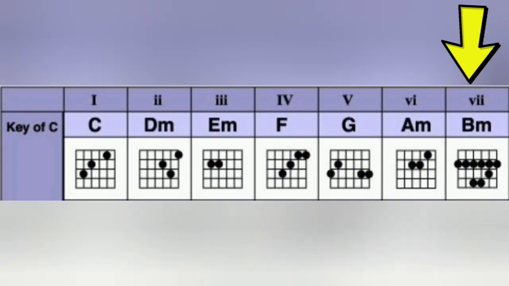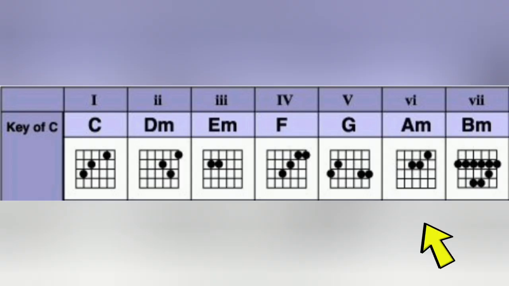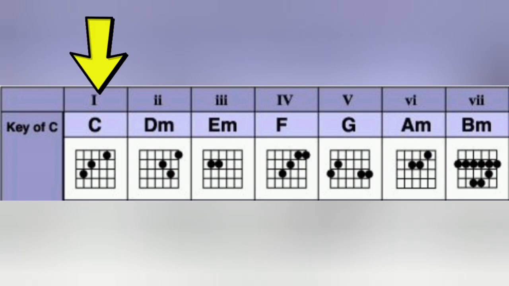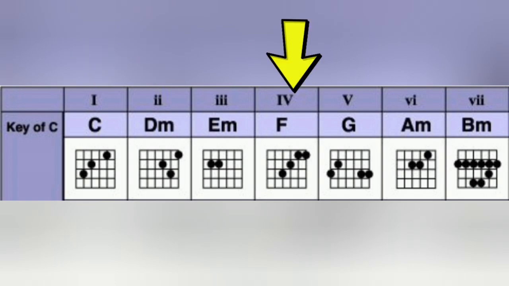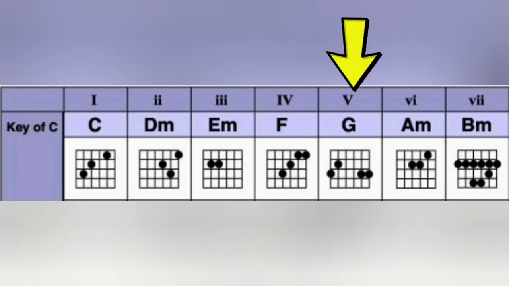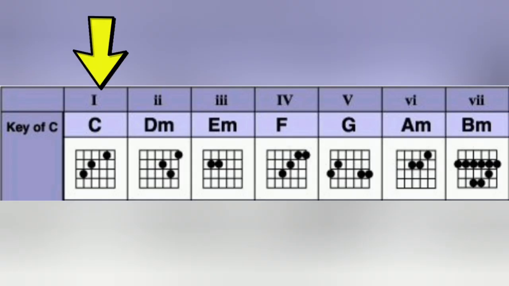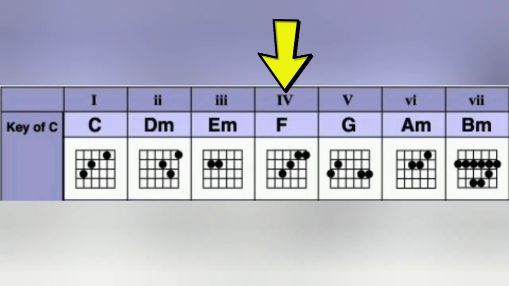Now, those numbers also represent the keys written on the second row, like the C, D minor, E minor. They can also be represented by simply saying 1, 2, or the way we normally combine the C by saying C goes with F and G. Instead of saying C, we can just say 1, 4, and 5.